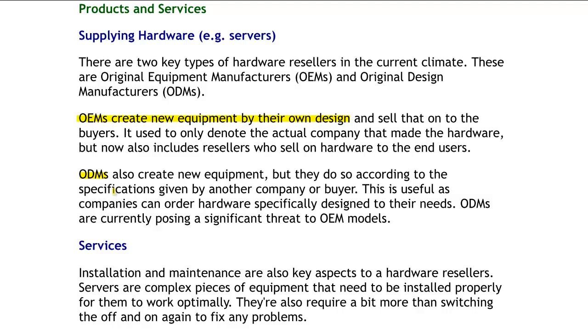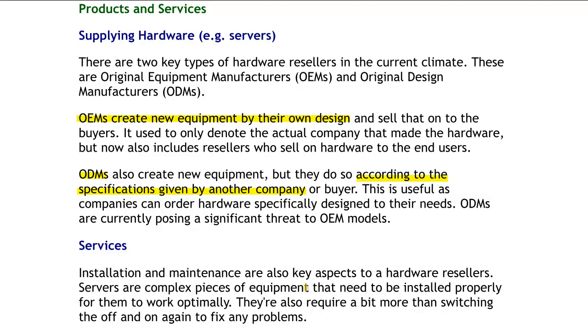Now, ODMs also create new equipment, but they do so according to the specifications given by another company. So in this scenario, a company would approach an ODM and they would say, I need a hardware that can do this, this and this, and it must have these certain specifications.